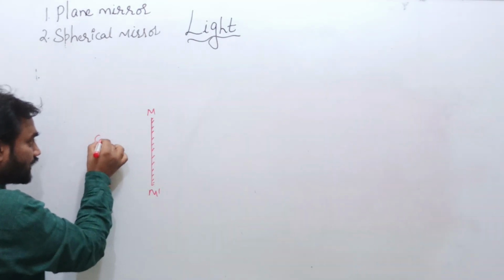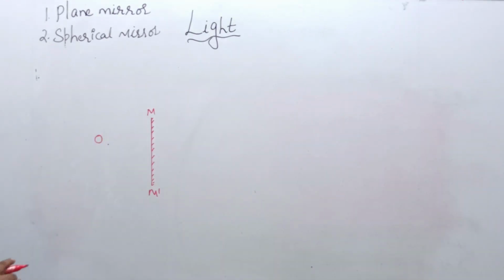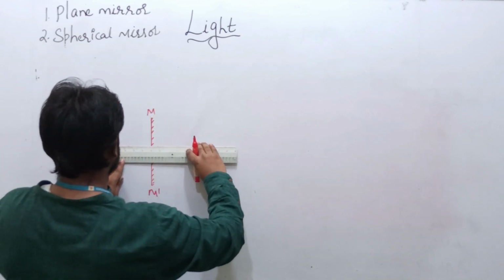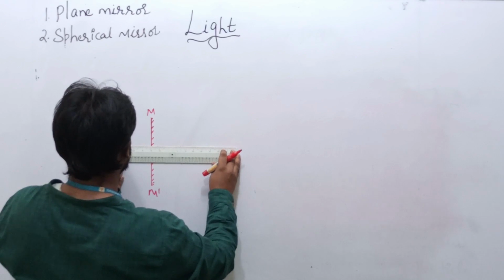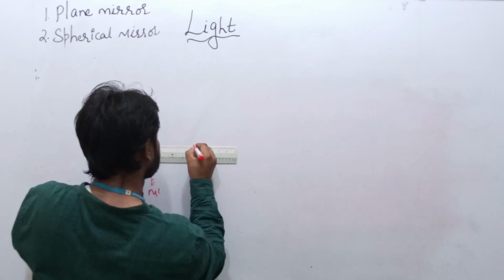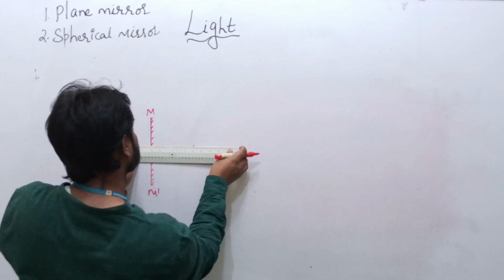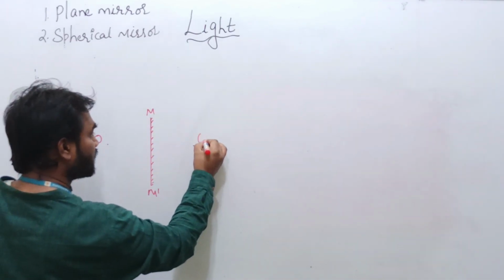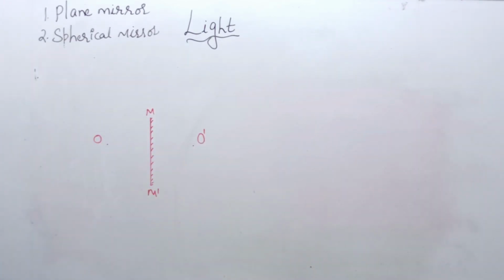Then the image that is going to form behind the mirror would be at the same distance. If it is 5, then here also the image is going to be formed, and this would be named as O dash.